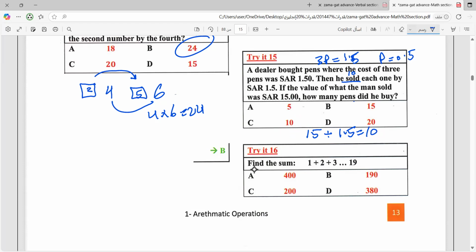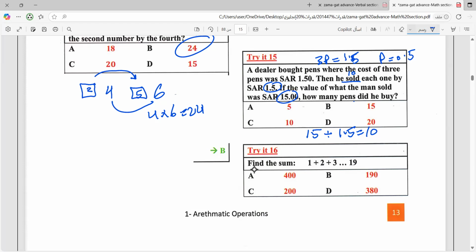Then he sold each one for 1.5. Right. If the value of what the man sold is 50 riyals, how many pens did he buy? Here, what comes out for me is 10 pens. I will check this answer before, but I will try the answer, okay?